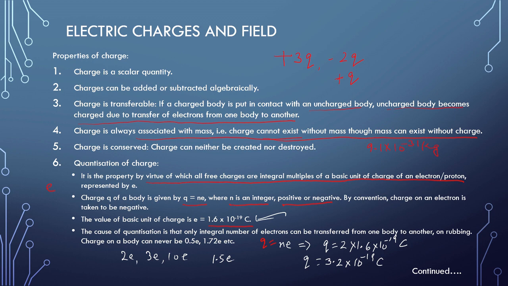So this is a very, very important property of charge. Charge always exists in discrete nature. That is, charge is quantized. And the basic cause of quantization is that only an integral number of electrons can be transferred from one body to another on rubbing.